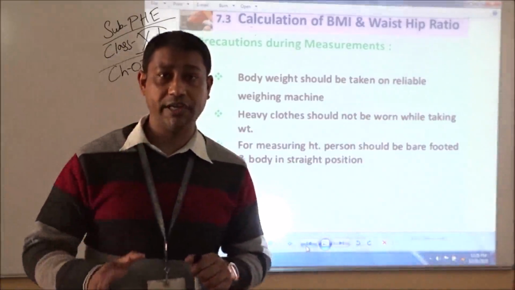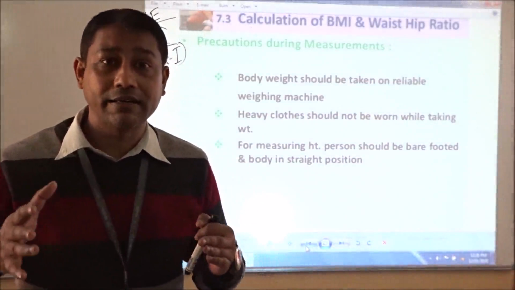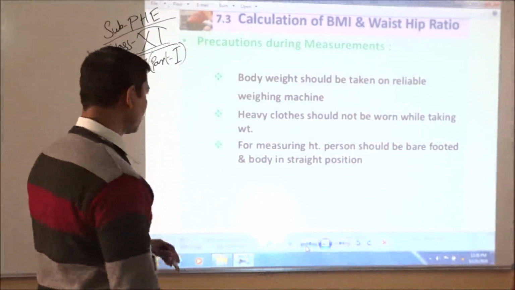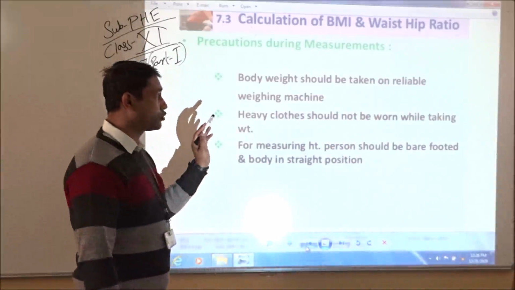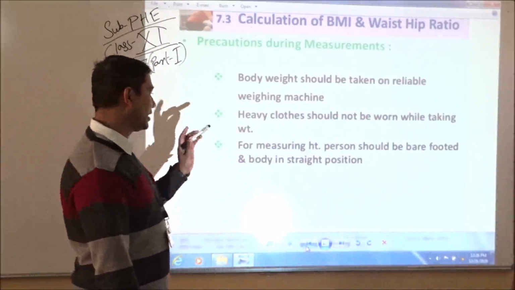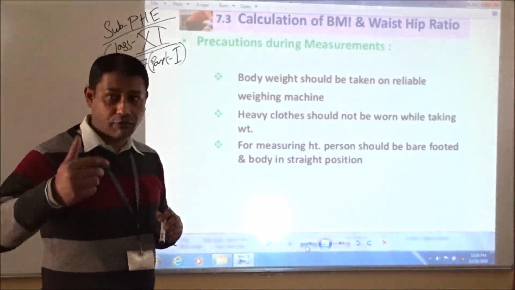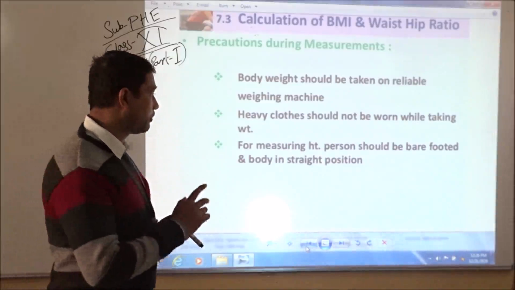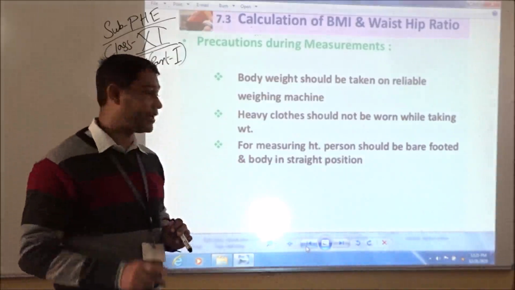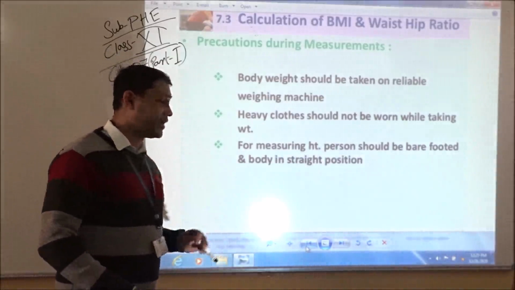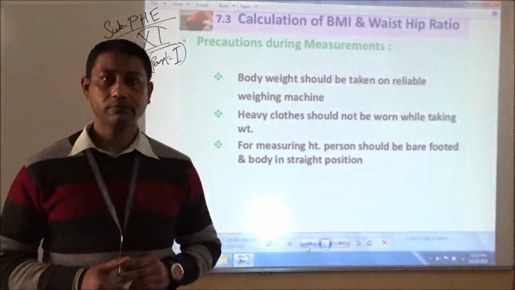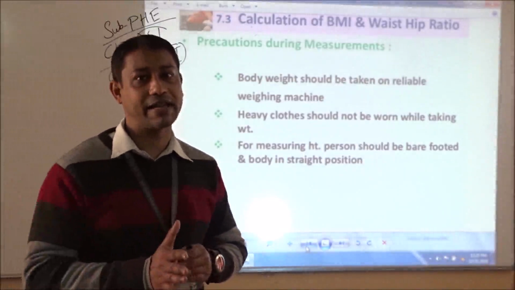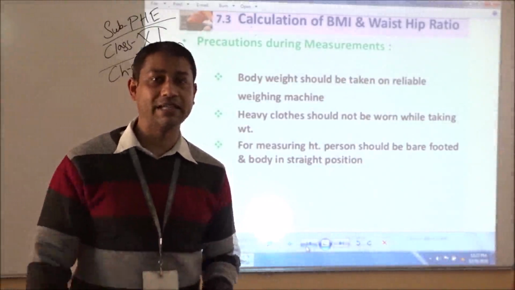So the weighing machine where we are measuring our weight has to be a reliable one. Heavy clothes should not be worn while measuring the weight. For measuring height, the person should be barefooted and the body in a straight position. Barefooted means he or she should not wear any shoes or any slipper.